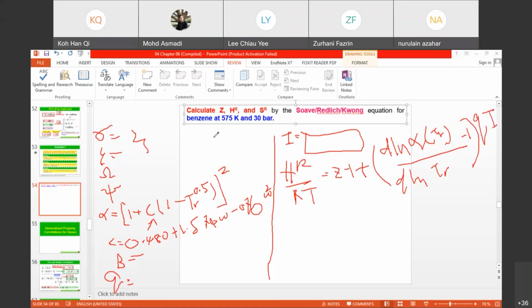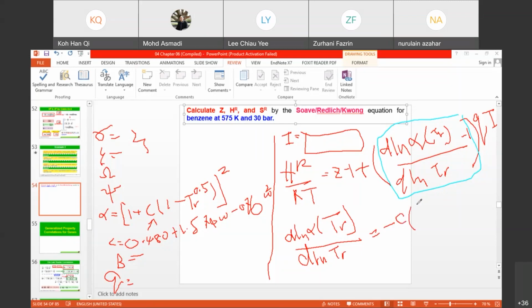So the problem is this one. For Soave-Redlich-Kwong and Peng-Robinson, once you differentiate this, you can get this expression. d ln alpha(TR) divided by d ln TR equals negative c times TR divided by alpha to the power of 0.5. This is different from the Peng-Robinson and different from Redlich-Kwong. For Soave-Redlich-Kwong and Peng-Robinson, this is what you have to use.